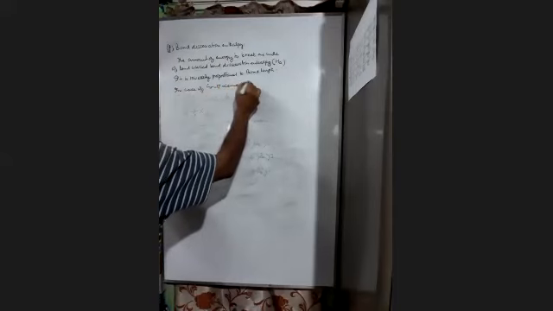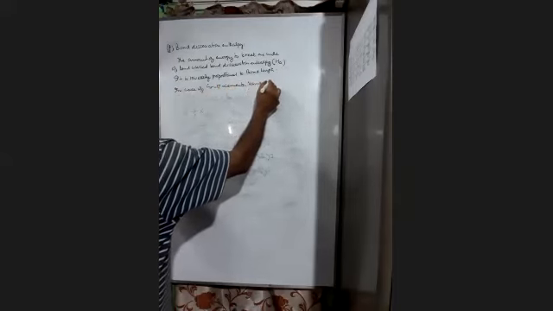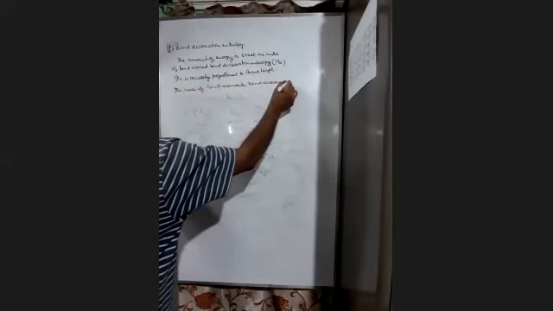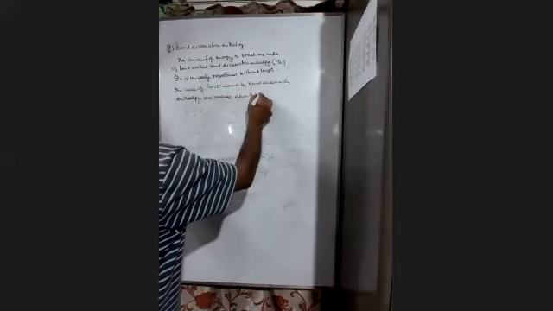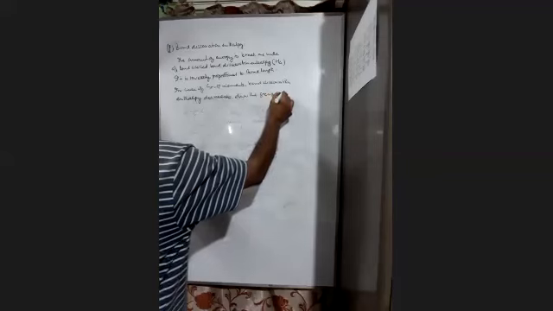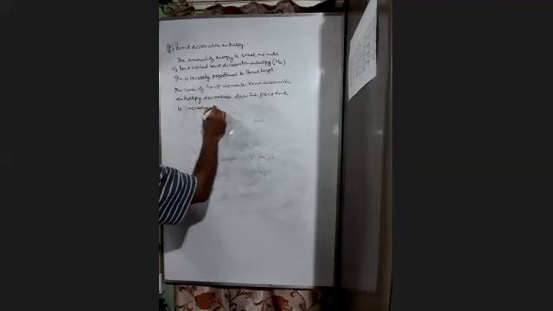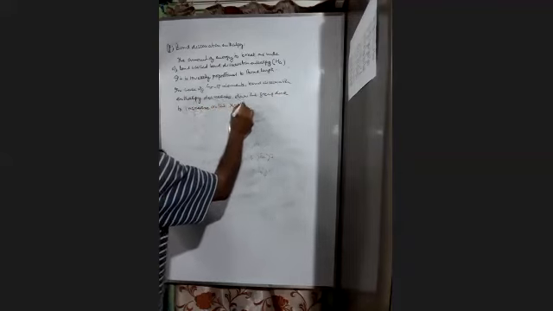In case of group 17 elements, bond dissociation enthalpy decreases down the group due to increase in the X-X bond length.